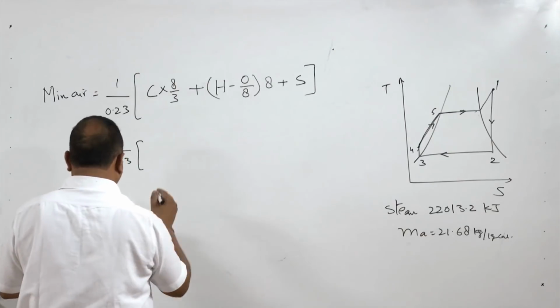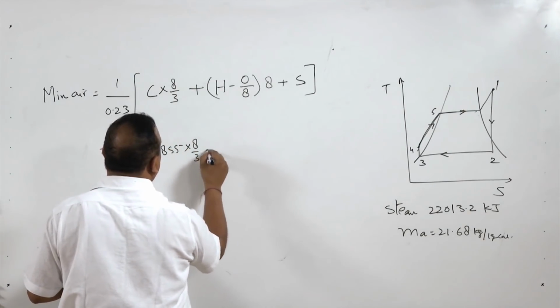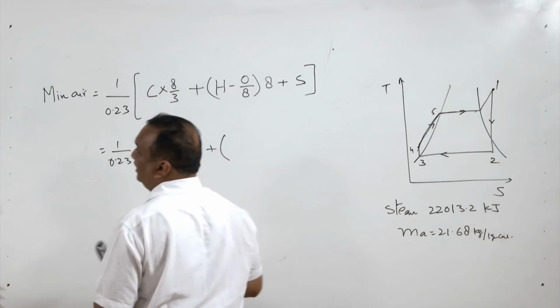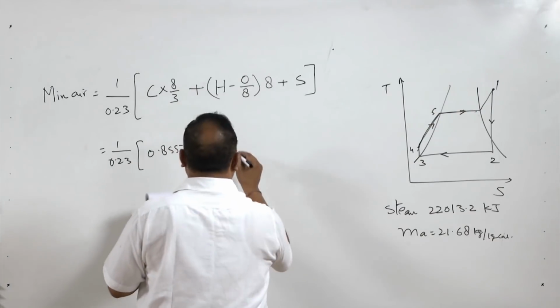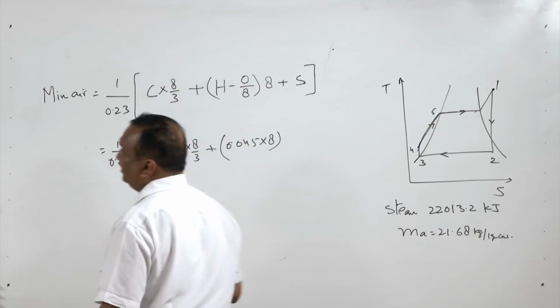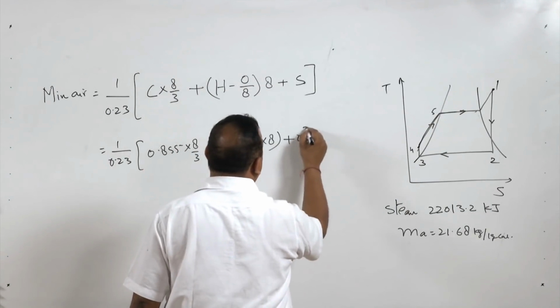Here, 0.855 into 8 by 3 plus 0.045 into 8. Oxygen is not there, and S is also 0.